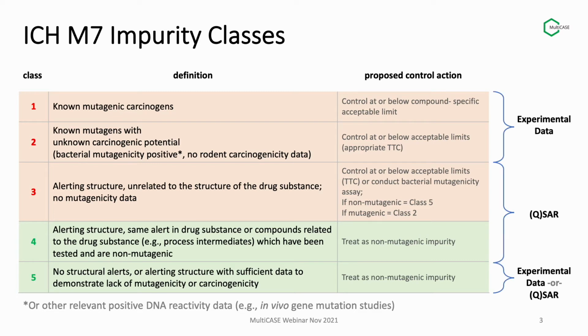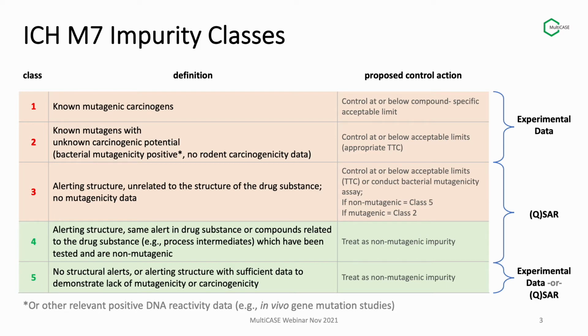The first two classes, class 1 and class 2, are based on the availability and use of experimental data. There is no exception to it. In order to get to class 1 and class 2, we have to have experimental data for them: experimental data for mutagenicity and experimental data for clear carcinogenicity of those compounds for class 1. And for class 2, the compound should be a known mutagen.